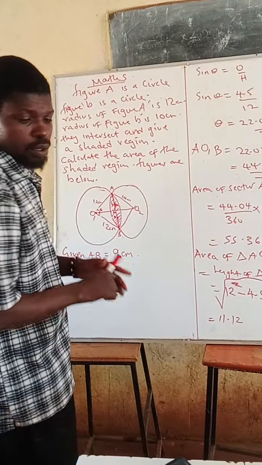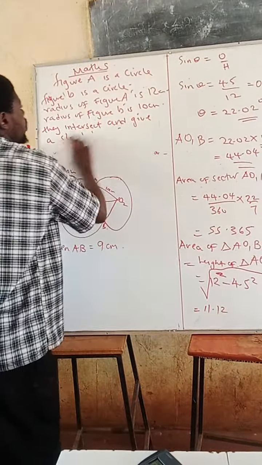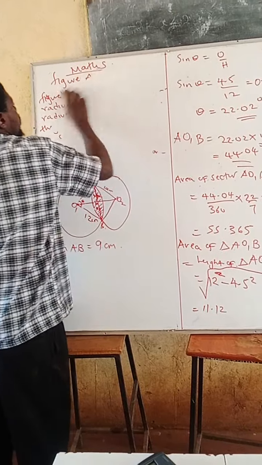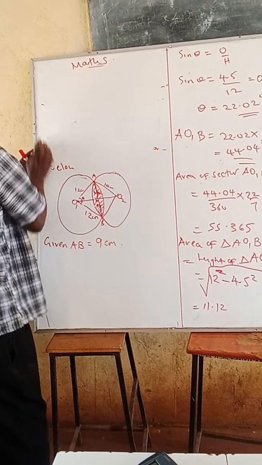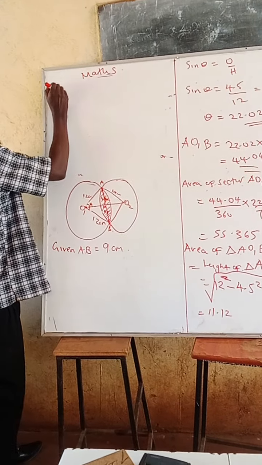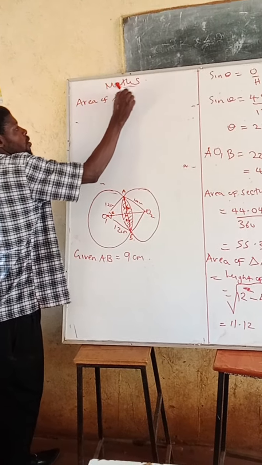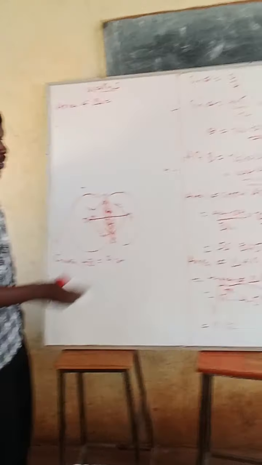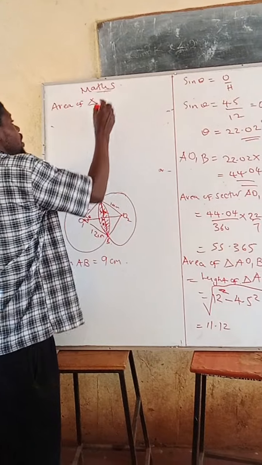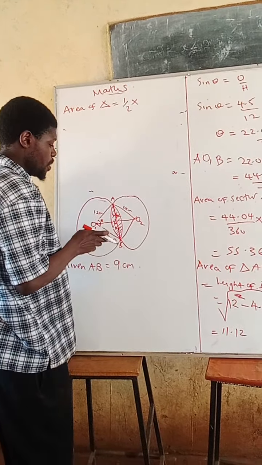Now, area of the triangle will be half base times height, which is half times b.